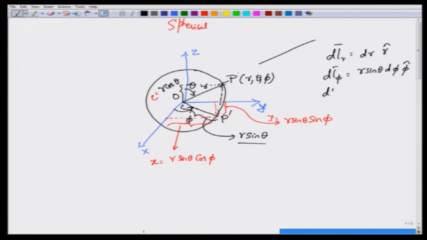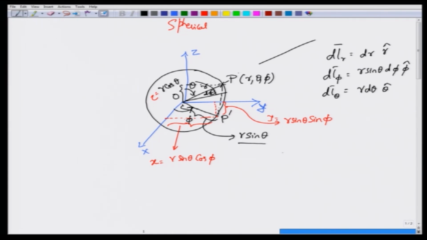What will be the movement along theta? Well, you have a p here. Now, if you take one more point and move, you have moved an angle of d theta, but the arc length that you have moved will be equal to r d theta along the direction theta.